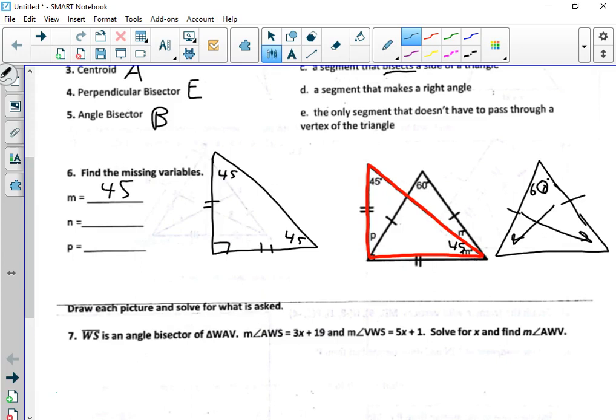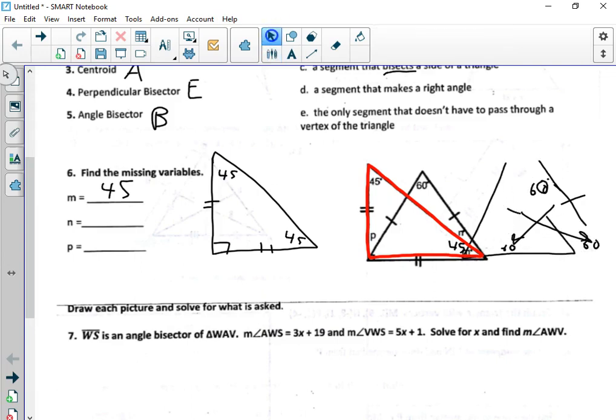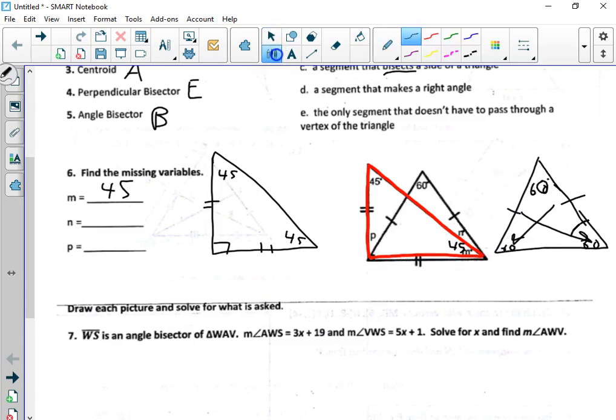If these base angles have to be the same, that means they are both 60 also. Now again, if you can visually think about moving this over here, that angle in the corner right here is 60 degrees, which means this right here is 60 degrees.